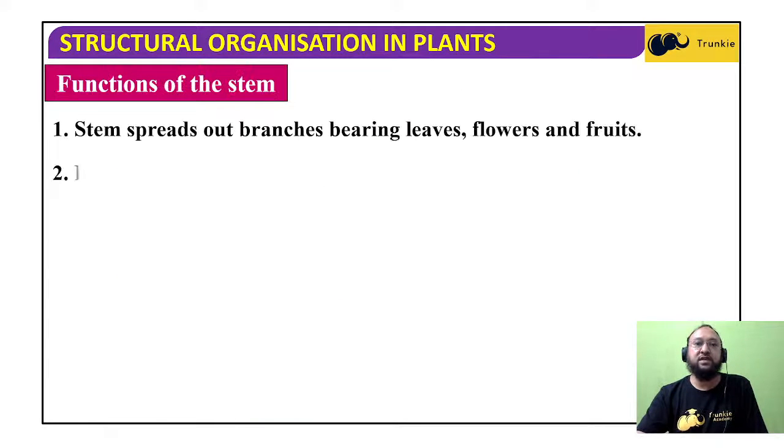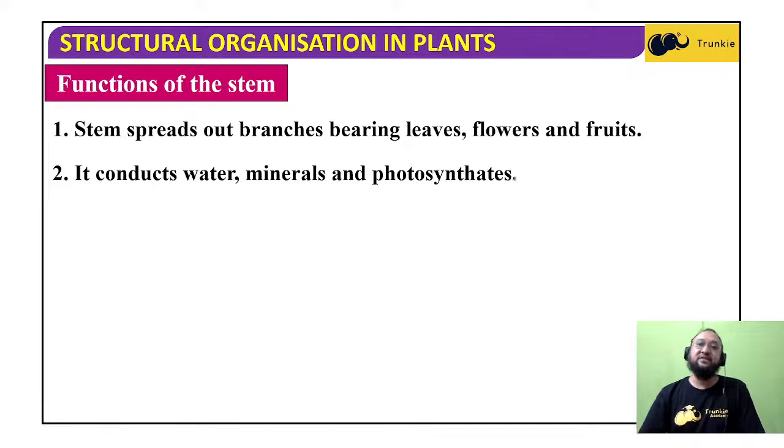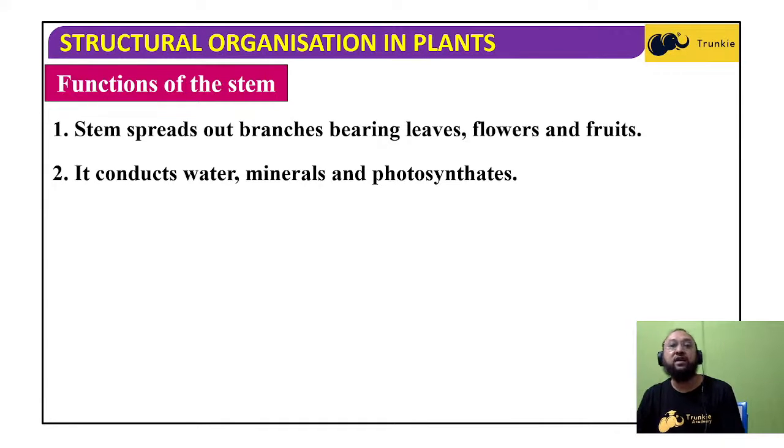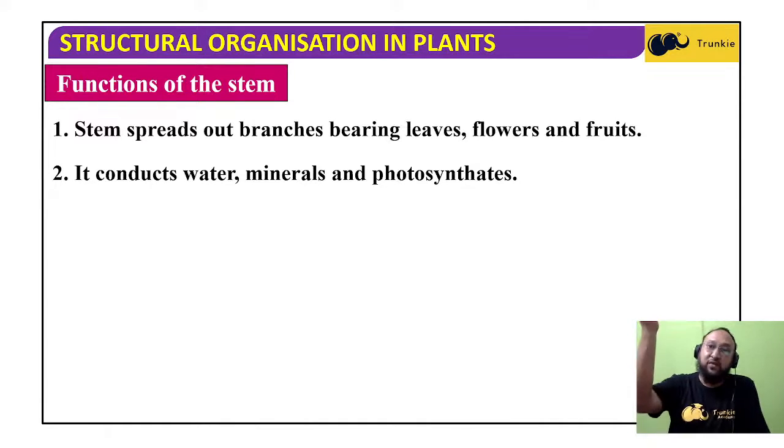The function of the stem is to spread out branches bearing leaves, flowers, and fruits. So it is above the ground, it has branches, nodes, internodes, flowers and fruits, so as to spread out the branches, flowers, and fruits, okay, to receive the sunlight on the leaves, to expose the flowers for pollination by insects, bees, and to bear the fruits which fall, and dispersal of seeds takes place.